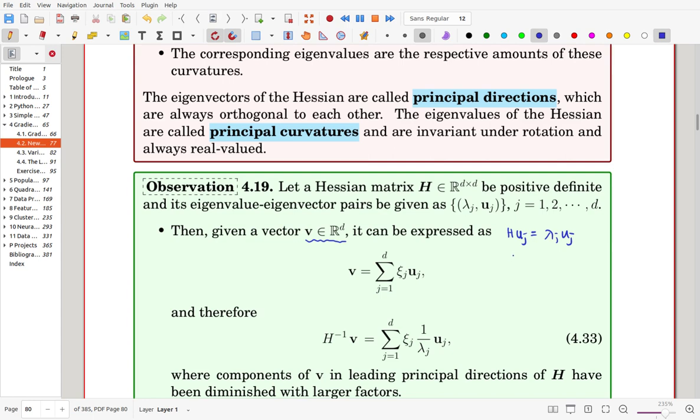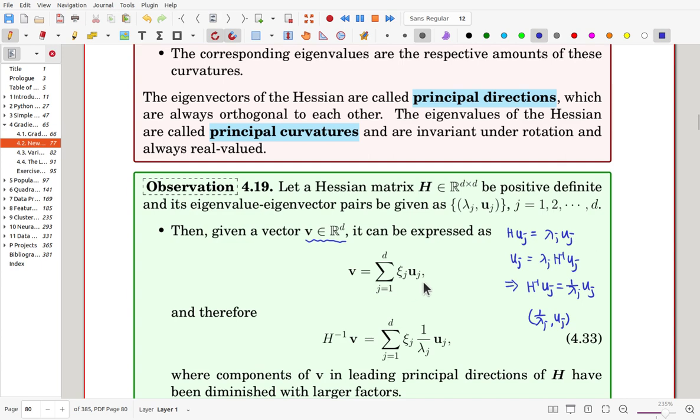From this, we apply H inverse, and that is the same as the sum of c_j H inverse u_j. Now dividing by lambda_j, H inverse u_j equals 1 over lambda_j times u_j. That means that for H inverse, 1 over lambda_j and u_j are an eigenpair.